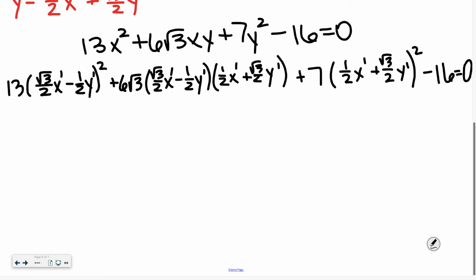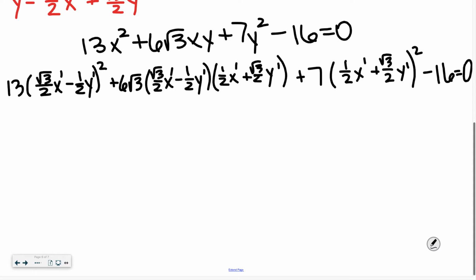We replace all of our x's and y's. Now, what do we have to do with all this? We have to multiply it all out. And our goal is that by the end, the xy terms will not be there.